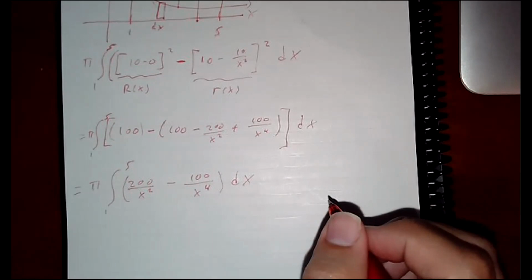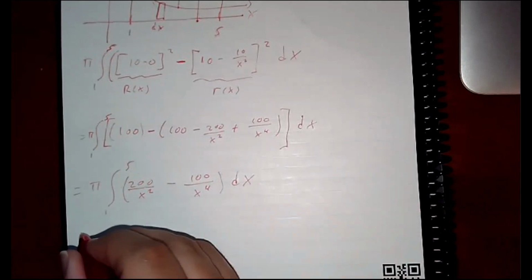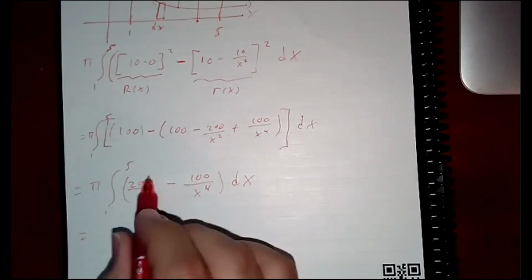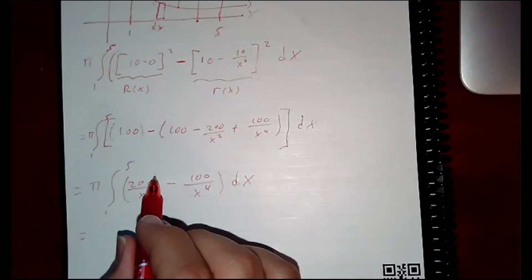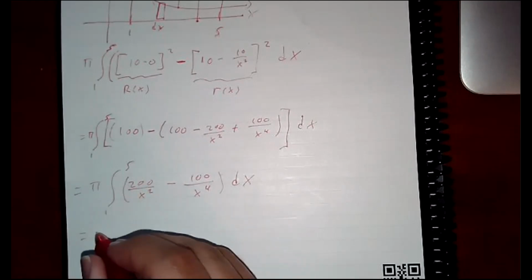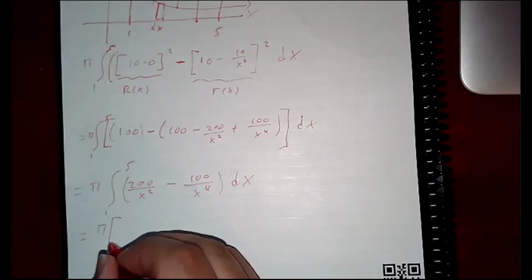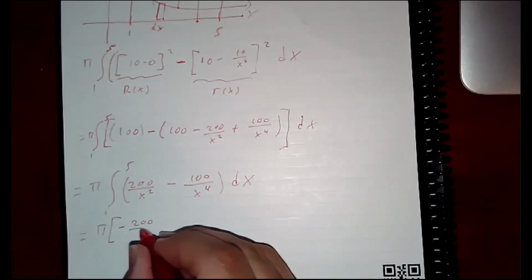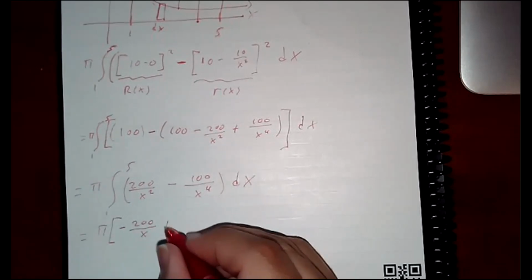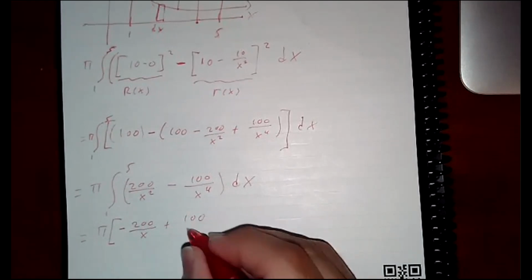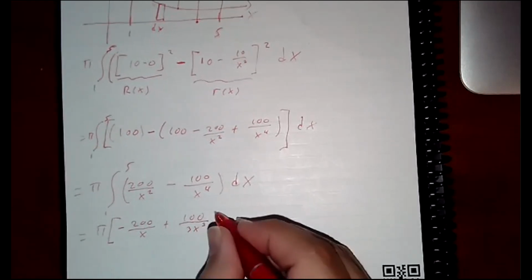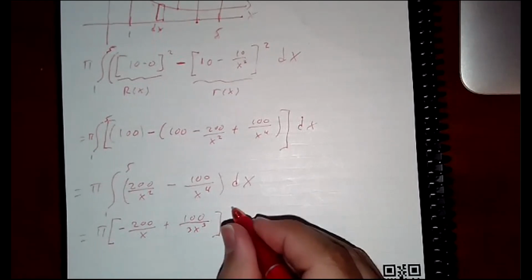So now we just integrate and the hard part's done. So this will be, bring it up top, -2 plus 1 is -1, right? That'd be 200x^-1 plus 100x^-3. And negative over x plus 100 over -3, 3x cubed, from 1 to 5.